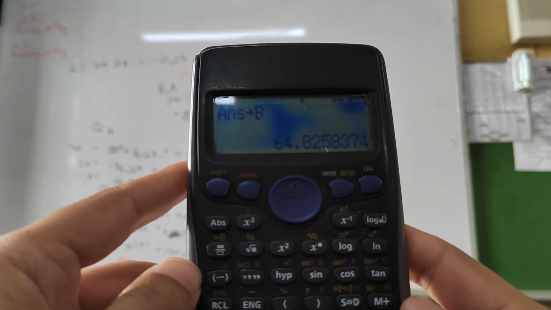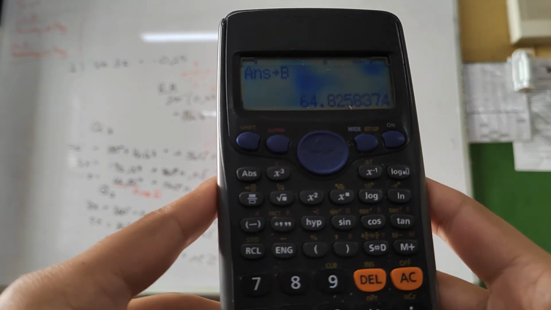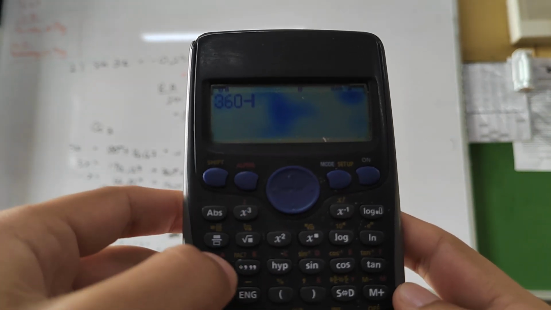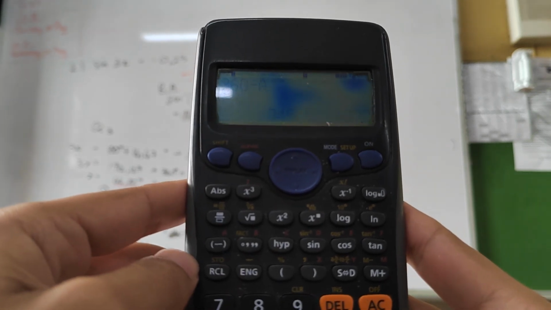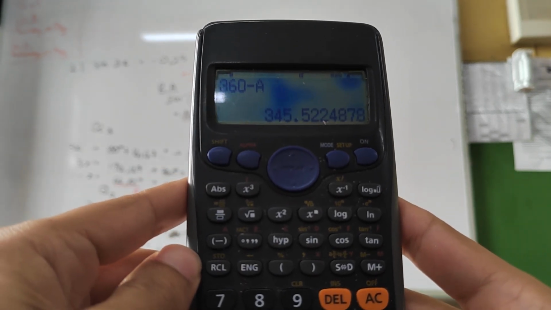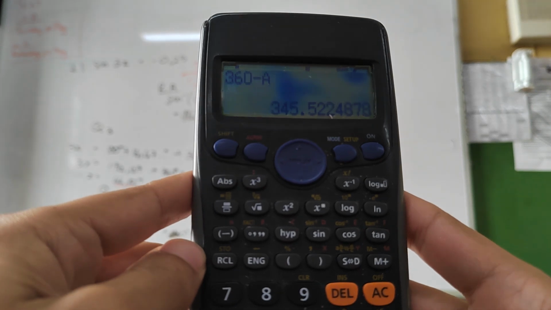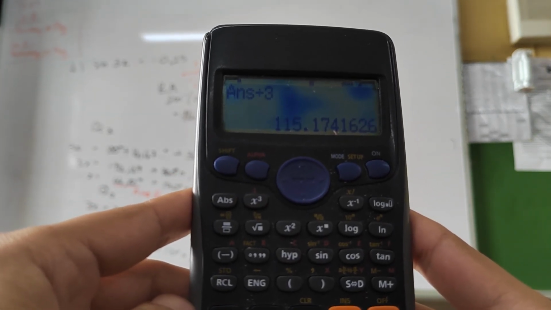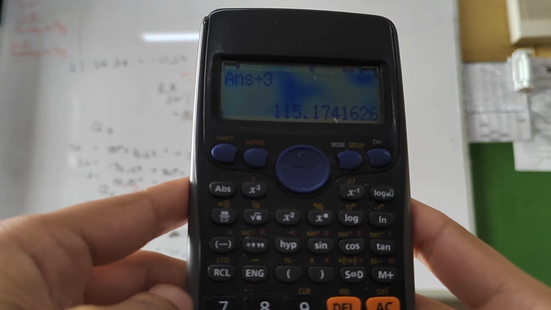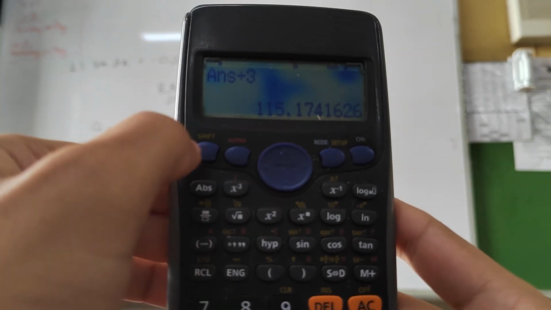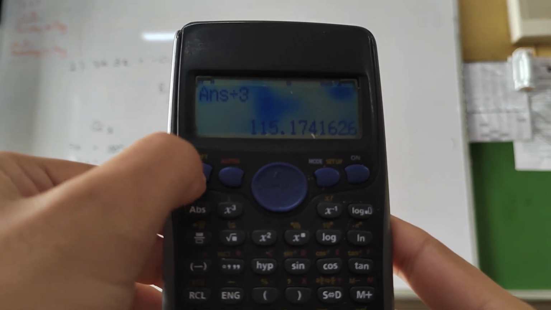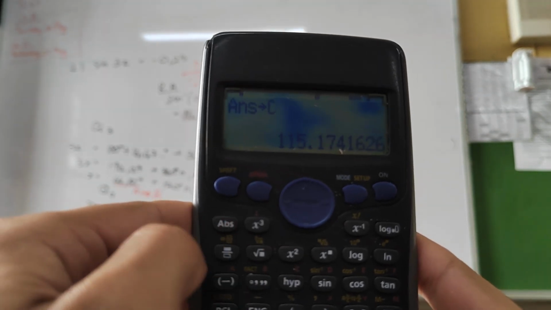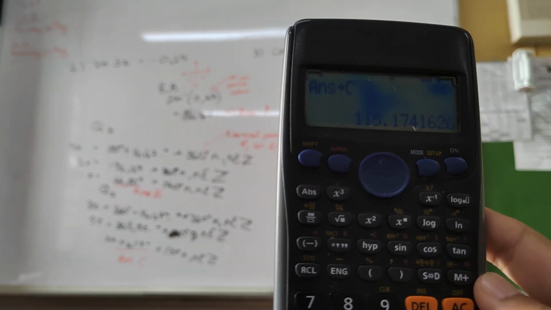All right, and then we're going to say 360 minus alpha A. Once again, we get that answer is 345,52, and we divide it by 3, and then we get 115. So that answer is 115. Then you press shift, store, and you store that as C, and so it's 115.